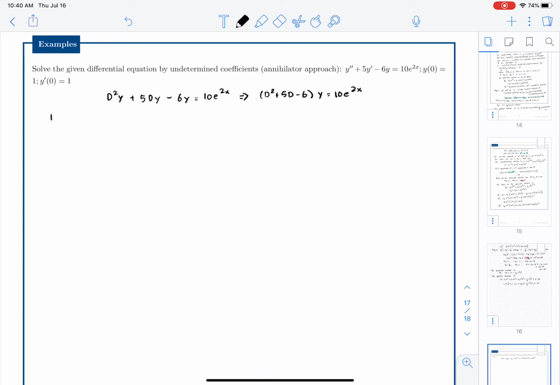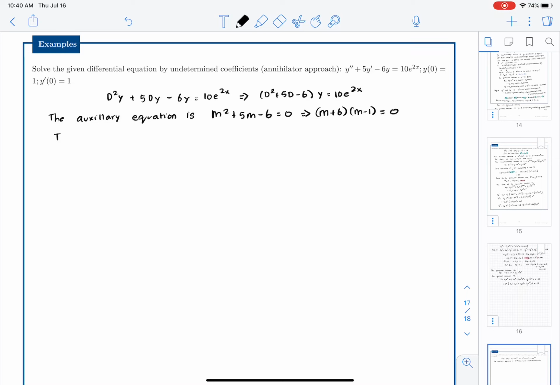So the auxiliary equation is simply m squared plus 5m minus 6 equals 0, which would mean I would have (m plus 6) times (m minus 1) as the factors.